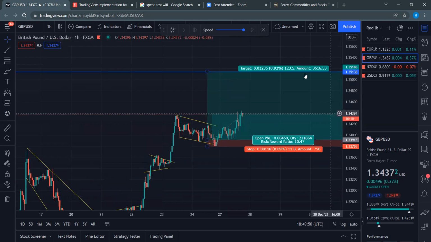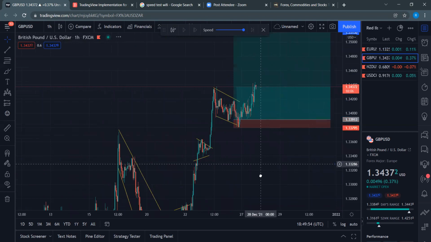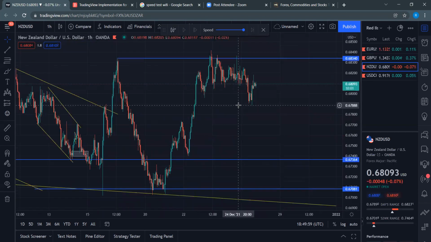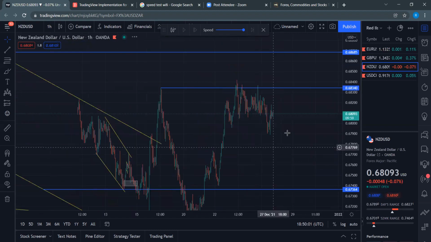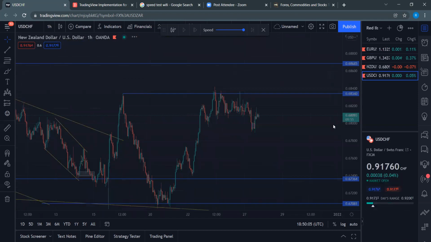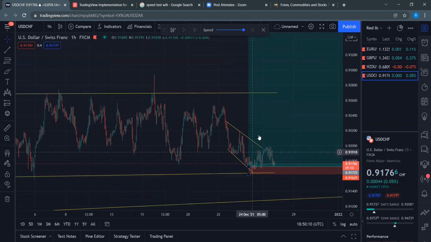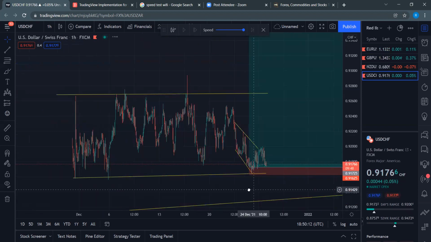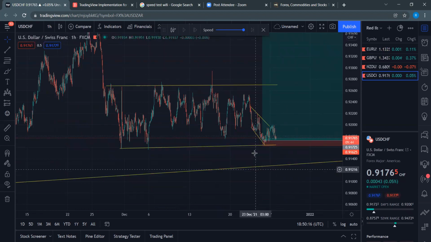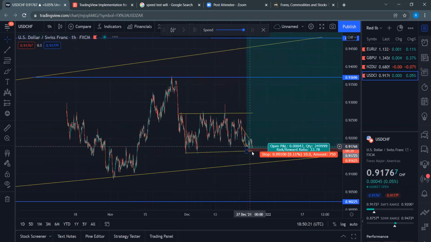So I didn't enter this because... so New Zealand USD is still fine. USD CHF. Yeah, I was planning for this move to push to the upside on USD CHF.